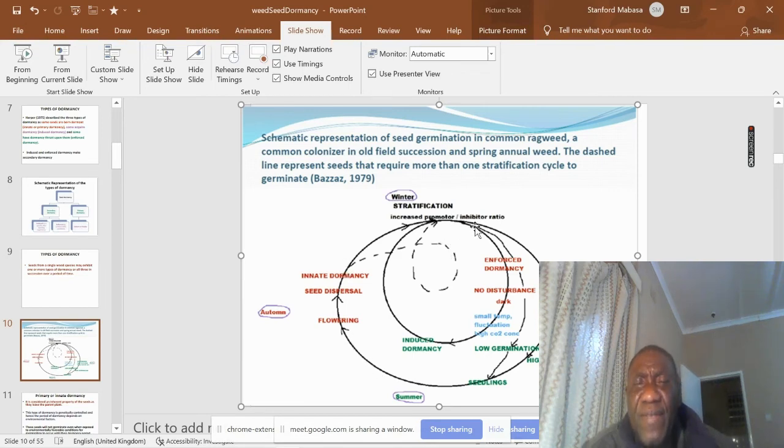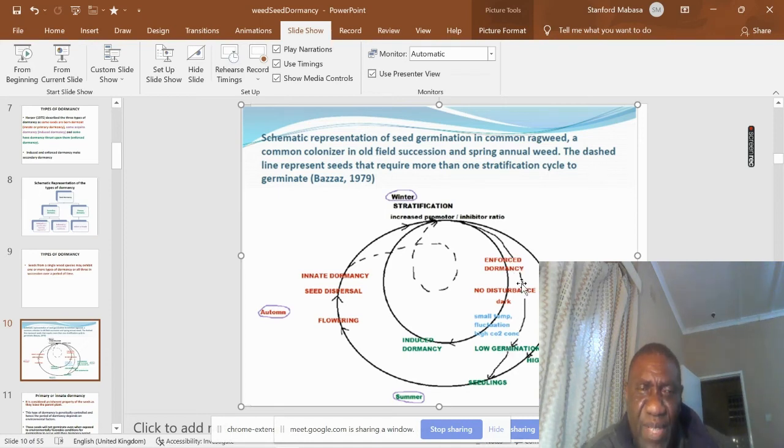Now, if we have undisturbed conditions where we are not disturbing carbon dioxide levels and light, we may have reduced germination following this route.